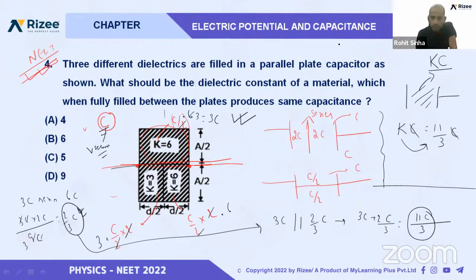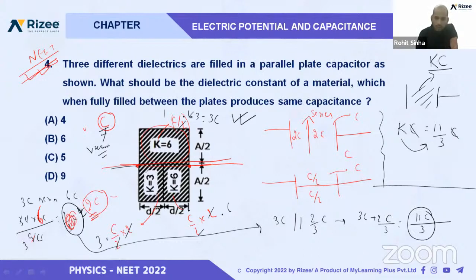C by 2 here, C by 2, 3C, and the lower part will be C by 2, C by 2 and C by 2, C by 2, C by 2. Okay, I think this was the mistake here. Oh yes, it was 6C. And it will be like this. Solve here, it will be, I think, 2C. That's the mistake, 2C.